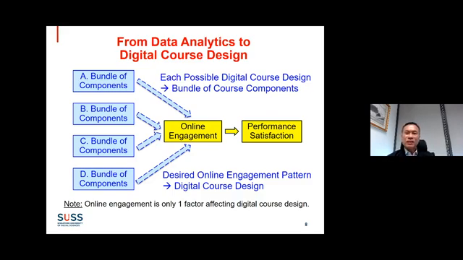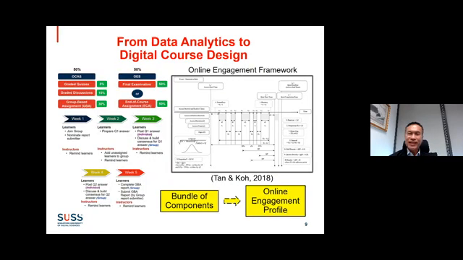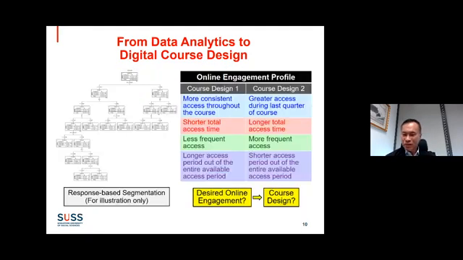Analyze the data to see what kind of online engagement profile is associated with the different bundles of components. Then decide which online engagement profile you desire for this particular course. Once you have decided on that, it will give you a pretty good idea of how you should design your digital course. Right? So that's where we are now.